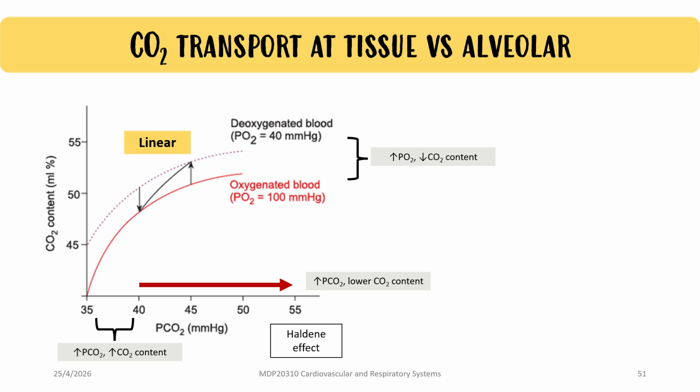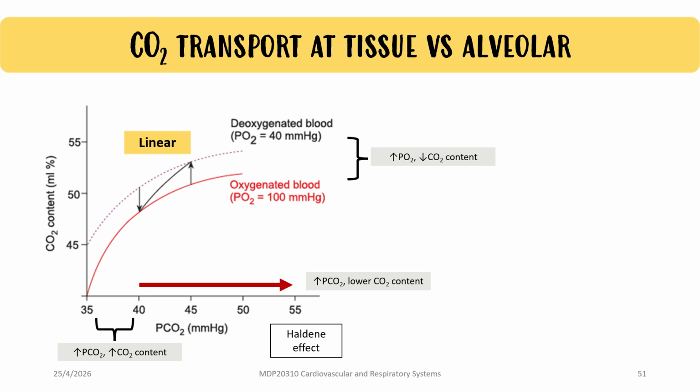This usually happens at the venous level. Then you can see from the other picture, at the alveolar level, the dissolved carbon dioxide in RBCs will be transferred to alveoli together with the dissolved carbon dioxide in the plasma. And then the hemoglobin carbon dioxide will be reconverted into dissolved carbon dioxide as well.